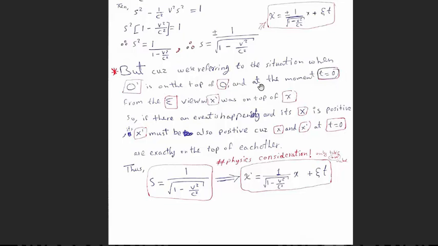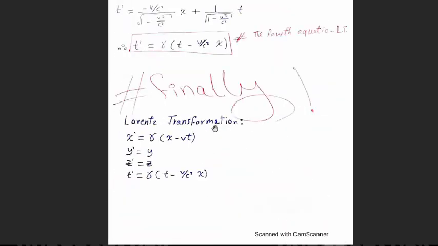We are just referring to this case to get and prove the equations, but as I said, they are valid for any moment, not just when O dash is on top of O.